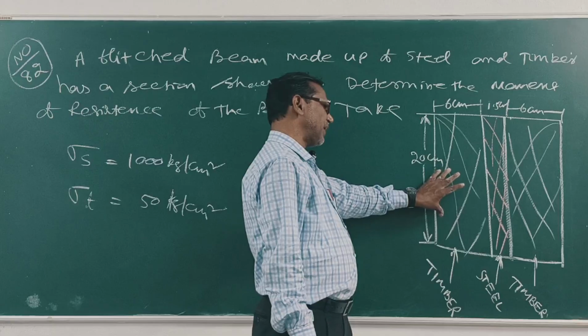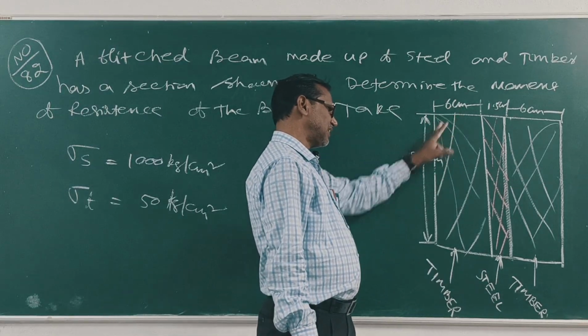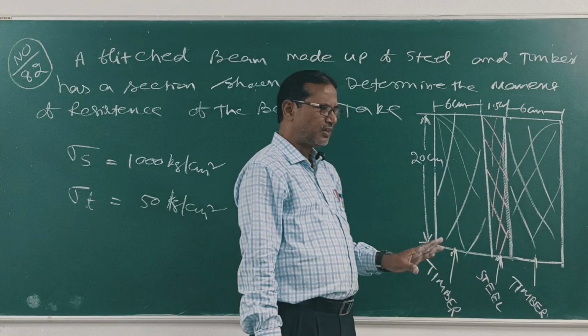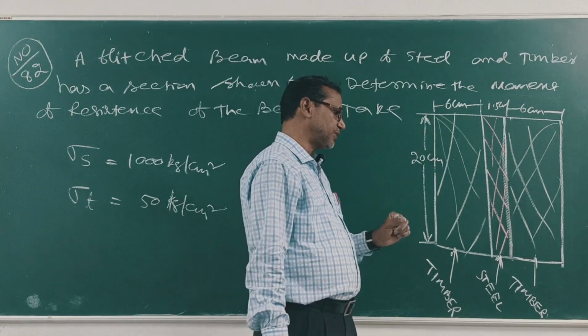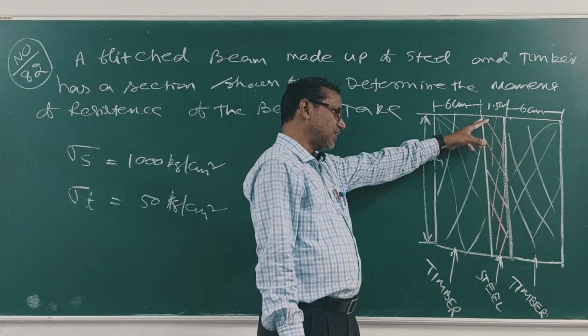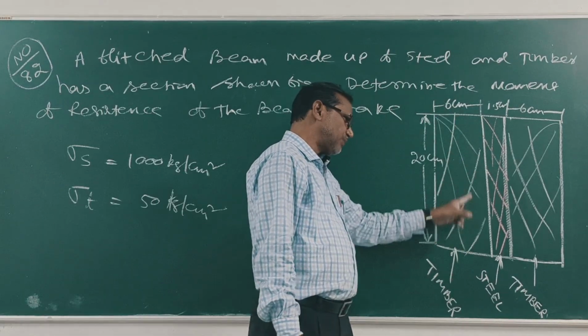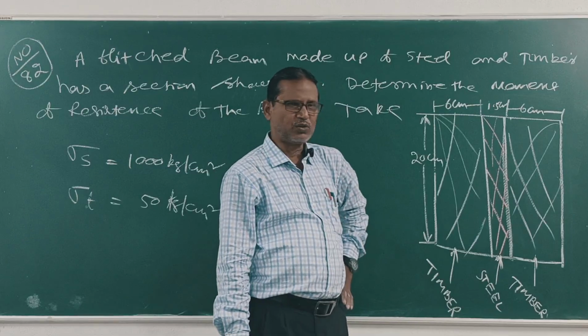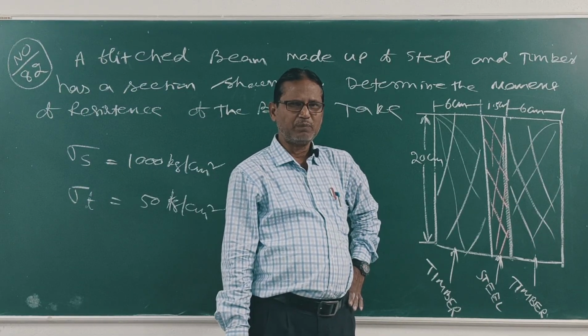The timber has section 6 cm by 20 cm. This has 6 cm by 20 cm. Depth 20, breadth 6. Similarly, the steel has thickness 1.5 cm, depth 20 cm. Clear? Find the total moment of resistance of the beam section.